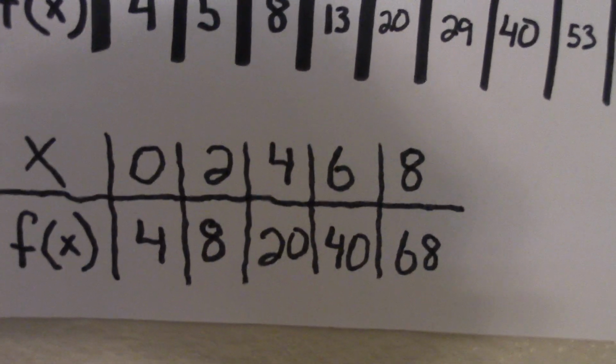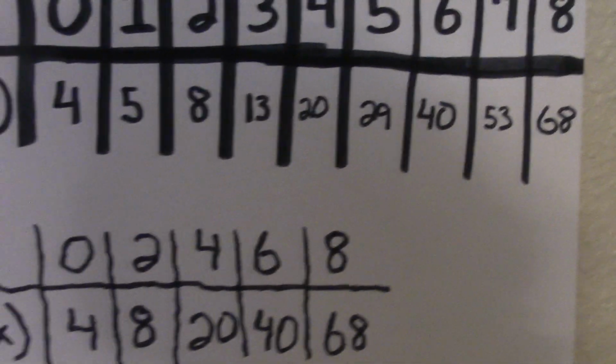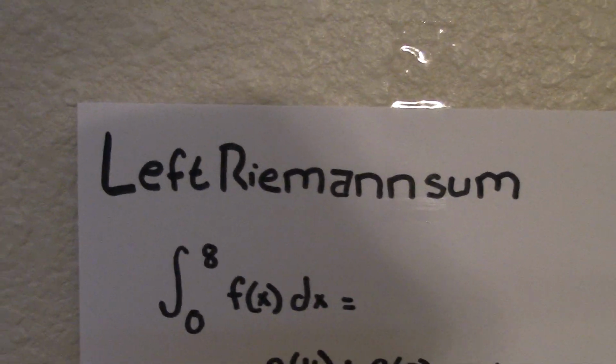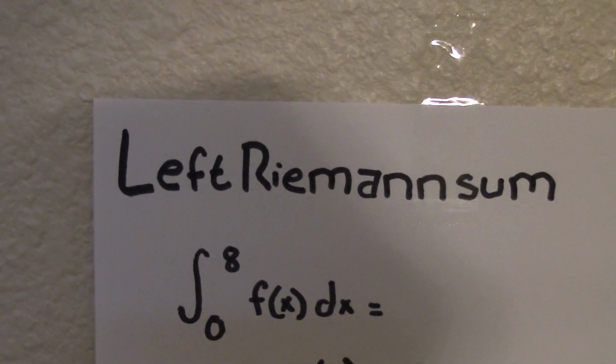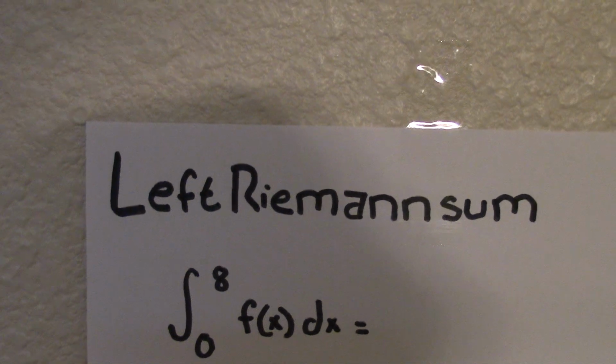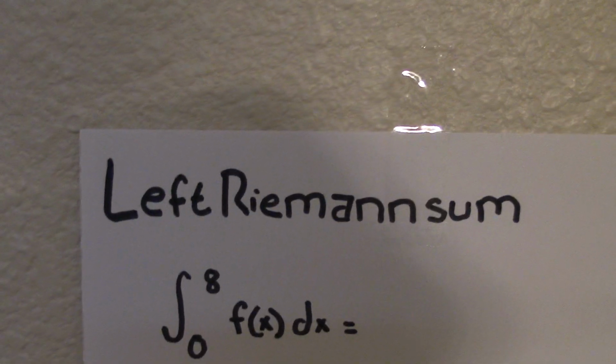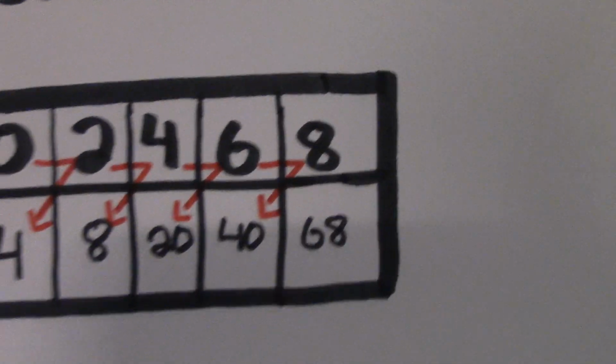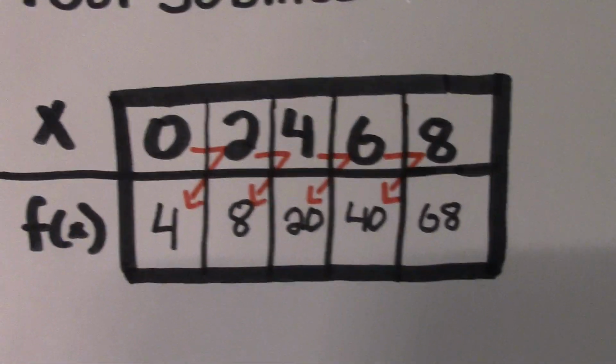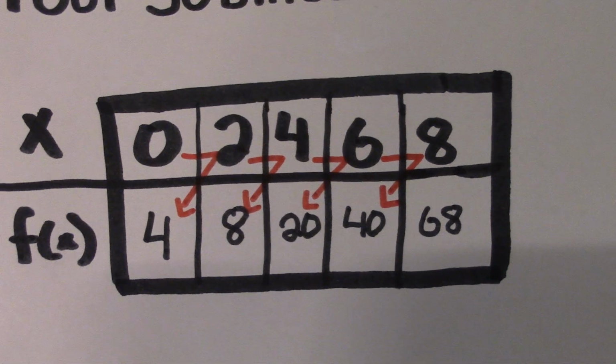So first we're going to do a left Riemann sum. So for left Riemann sums, first we have the notation, the integral from 0 to 8 of the function with respect to dx. I'm actually going to go up here now, and so I have the 4 subintervals copied again.